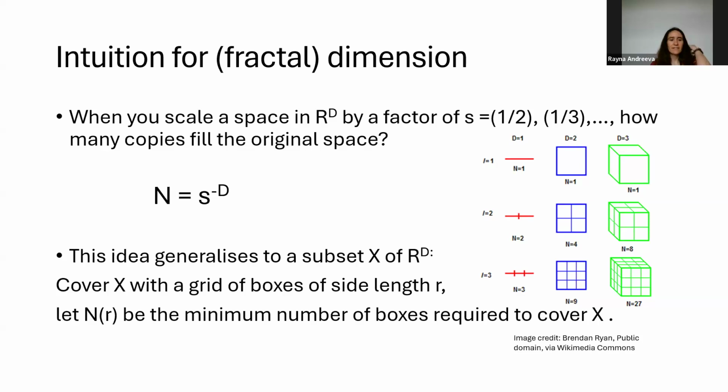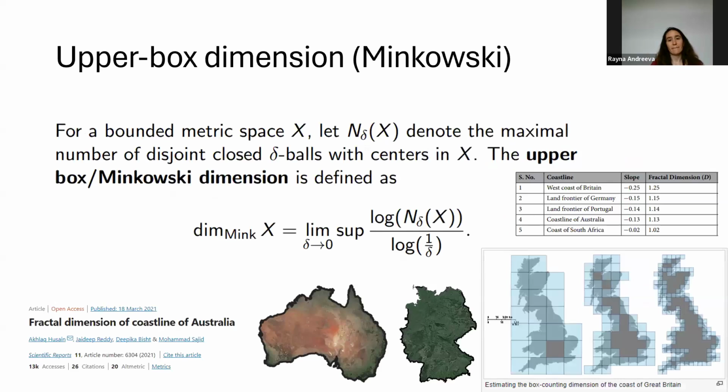So let's cover X with a grid of boxes of length r, and let N_r be the minimum number of such boxes that are covering your shape. Then a common way to measure how fractal your structure is is by using the upper box dimension, or the Minkowski dimension. Here, a nice illustration of how this works is if we consider the coastline of multiple countries.